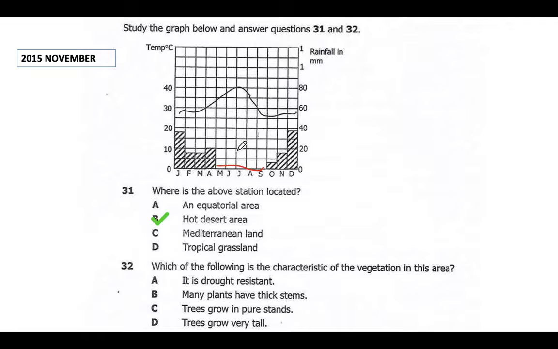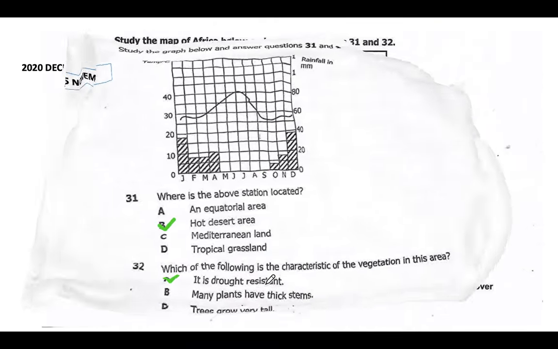They can then ask questions like, which of the following is a characteristic of the vegetation in this area? We can state that plants are drought resistant. They do not dry easily. They are able to withstand high temperatures. So dear viewers, let's go on to the other question.